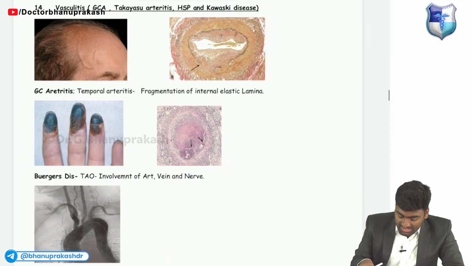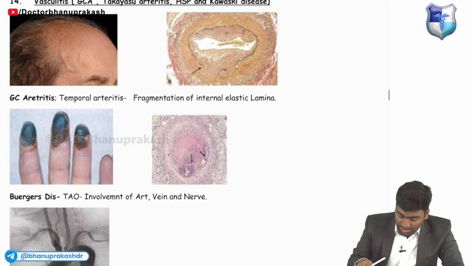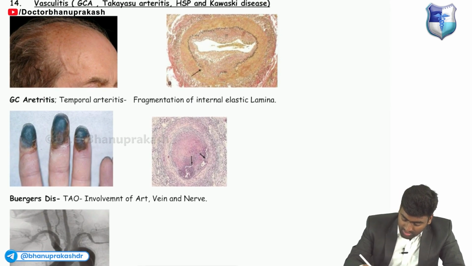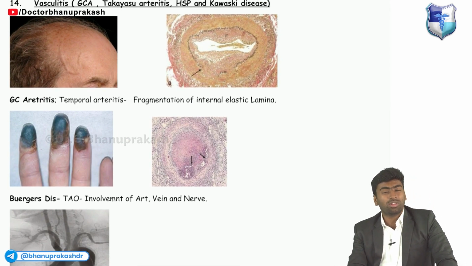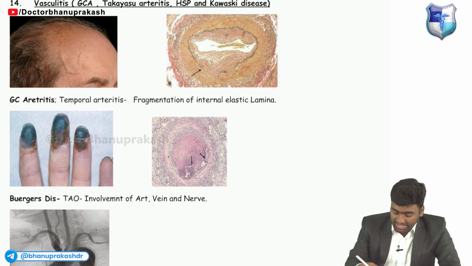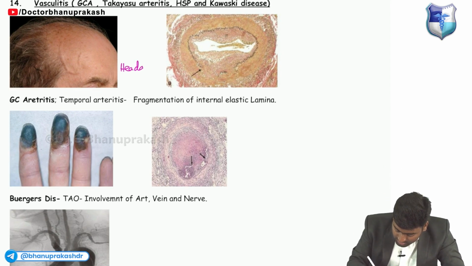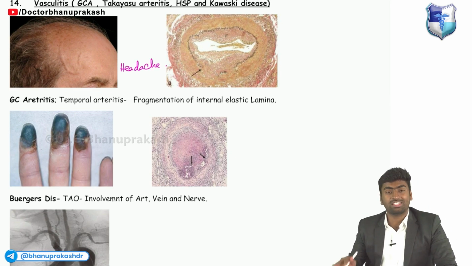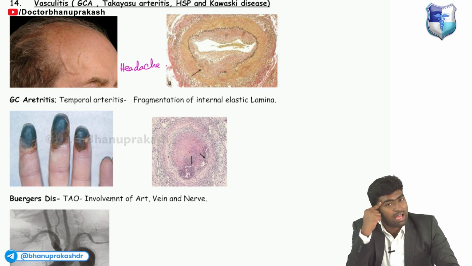Next, about the vasculitis component. Suppose there is an old age male presenting with complaints of headache. On evaluation, you see there is a mass palpable on his temporal region. Sometimes it will be associated with ophthalmic nerve involvement.